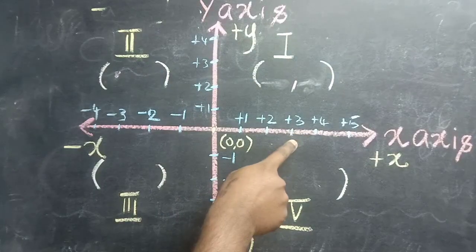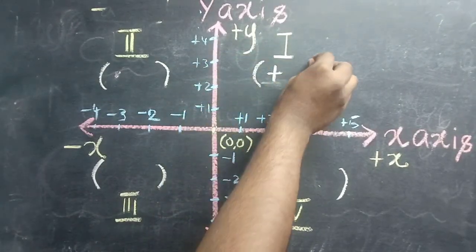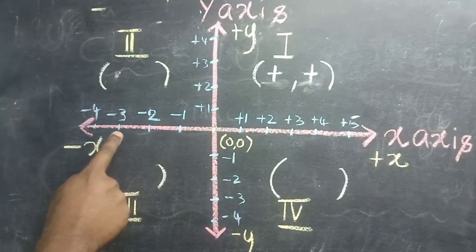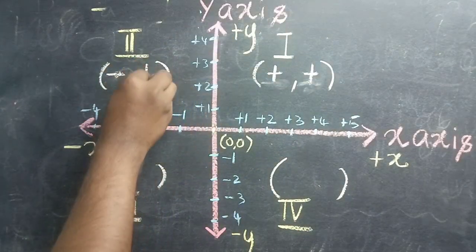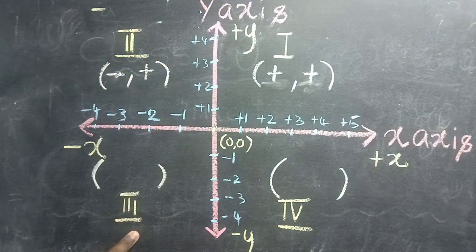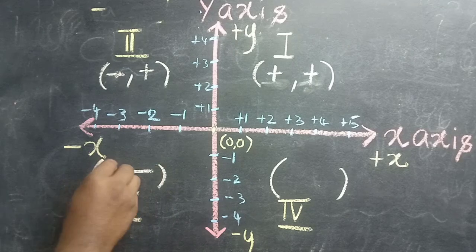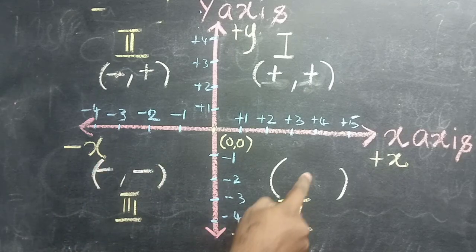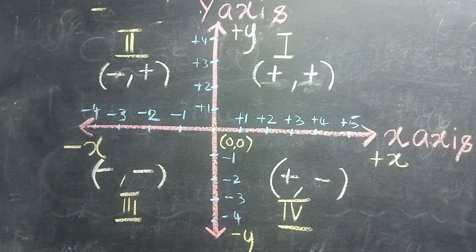In the first quadrant the x sign is plus and the y sign is plus. In the second quadrant, what is the x sign? It is negative, and on the y-axis it is positive. Now in the third quadrant the x is negative and the y is negative. In the same way in the fourth quadrant x is positive and y is negative. This is how we divide the plane into four quadrants.